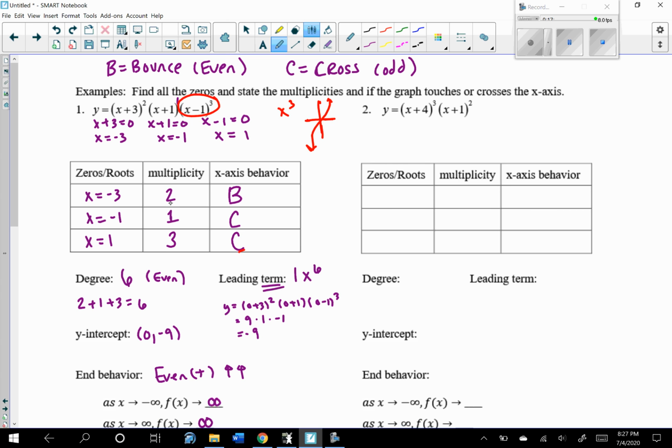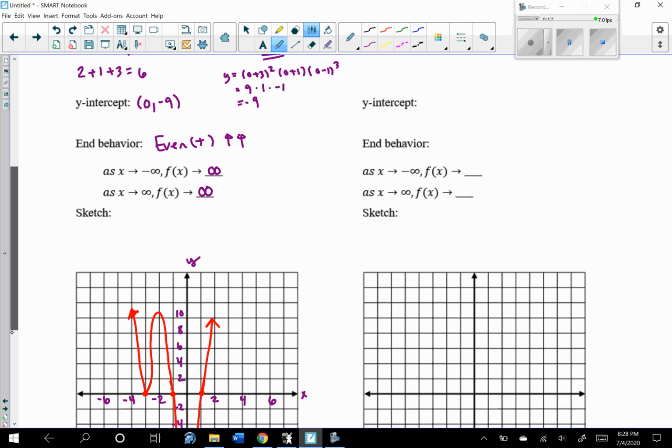So if you have anything above 1, it is actually going to make a squiggle. So it makes a little squiggle on our graph.